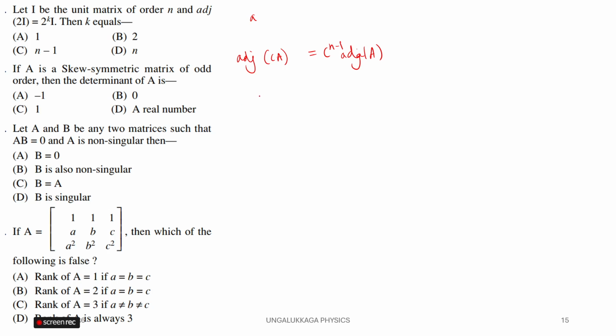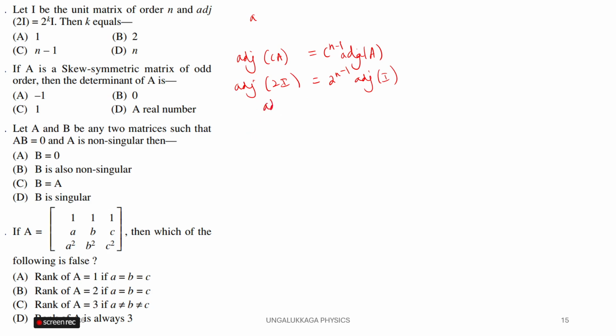Here we have 2I, so the adjoint of 2I is equal to 2 to the power n minus 1 times the adjoint of I. Now let's get into another property.